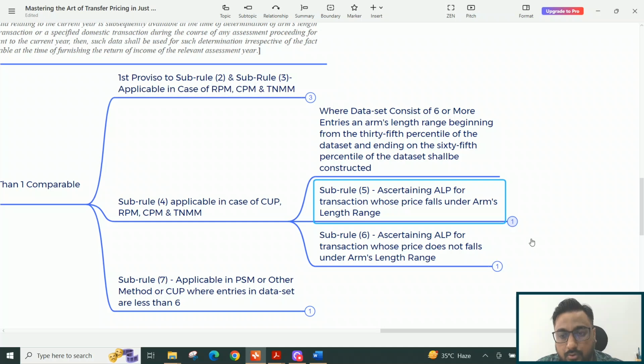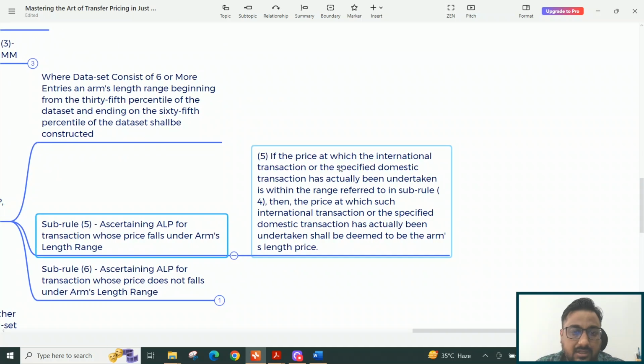I'll also open subrule 5. What subrule 5 says is, if the price at which the international transaction or specified domestic transaction has actually been undertaken is within the range referred to in subrule 4, that is the 35th percentile to the 65th percentile, then the price at which such international transaction or specified domestic transaction has actually been undertaken shall be deemed to be the arm's length price.